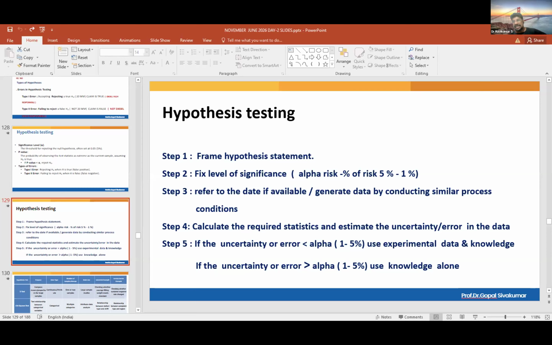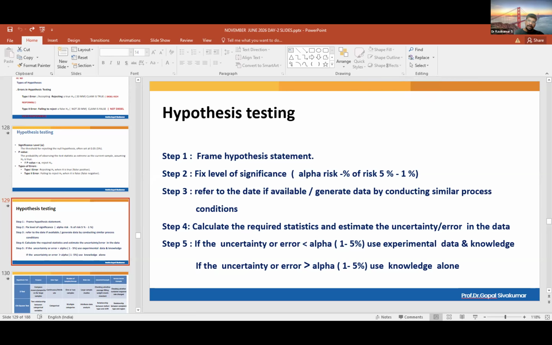That means if the error present in the data which we are collecting to make the decision is within 5%, we can accept that data and decide whether the patient has cancer or not. This is called the level of significance. It is called alpha, and we call it alpha risk or risk.